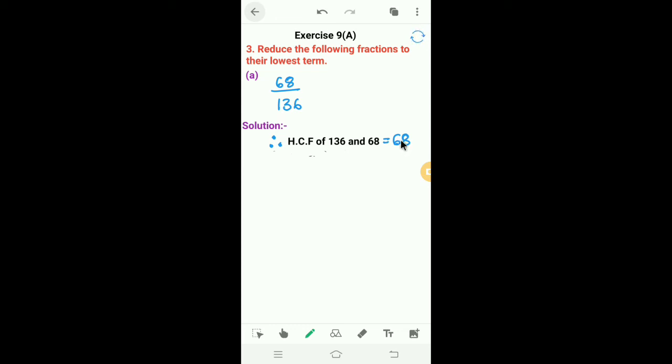Now divide the numerator and denominator by HCF 68. That is 68 by 68. When we divide 68 by 68, then the answer is 1. And 136 by 68.